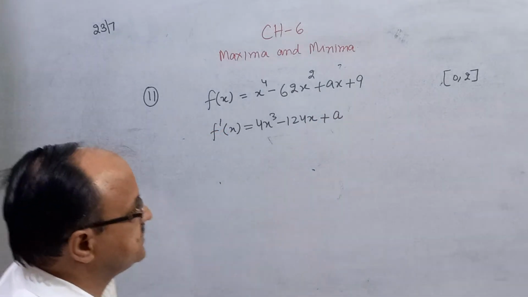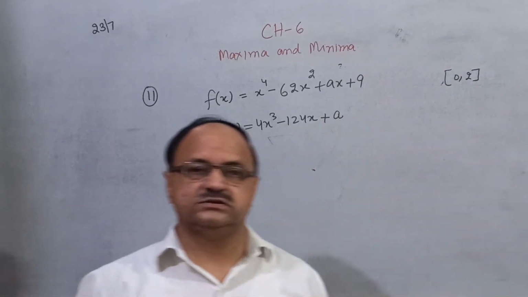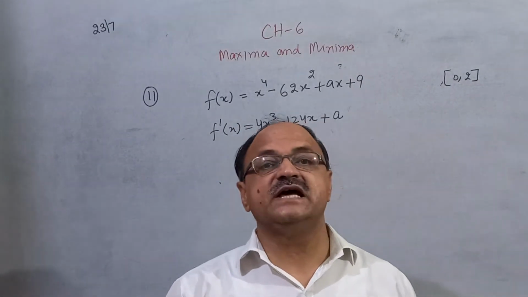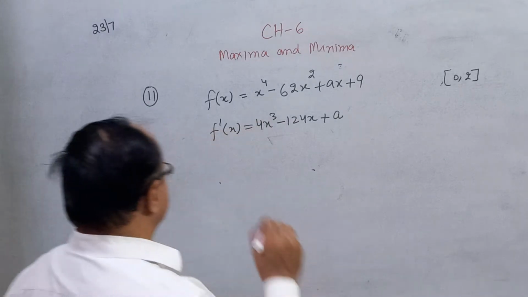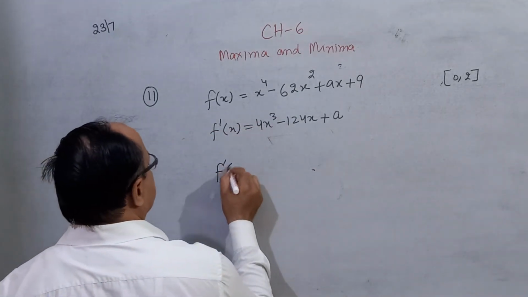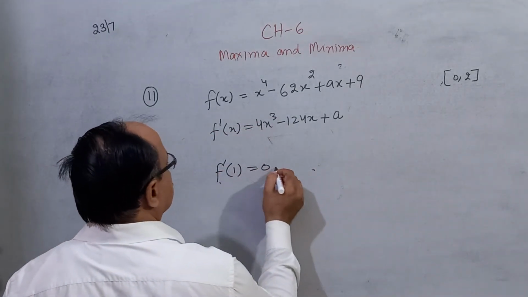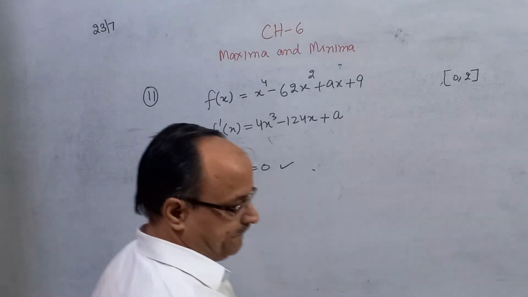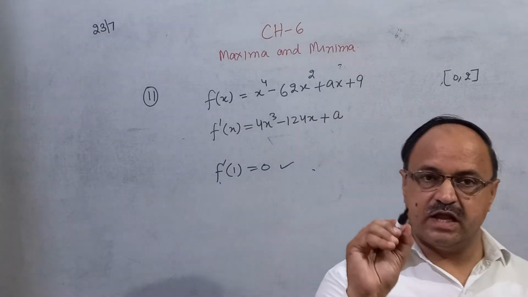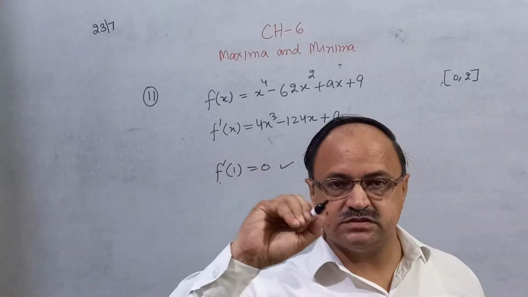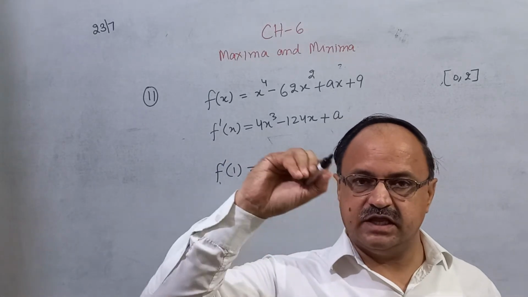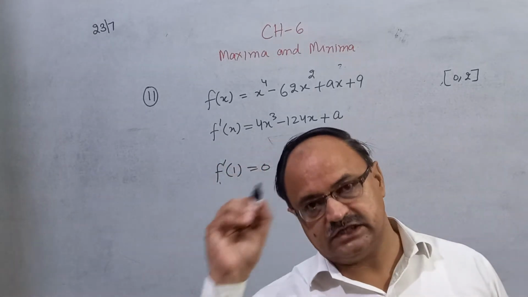Now you know that at x is equal to 1, maximum value, it means f dash 1 is equal to 0. F dash 1 is equal to 0. This is the main point. At x is equal to 1 is the critical point. It means the graph is increasing then decreasing at that point.